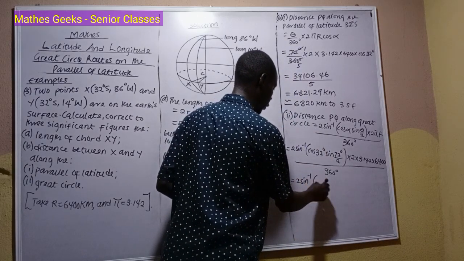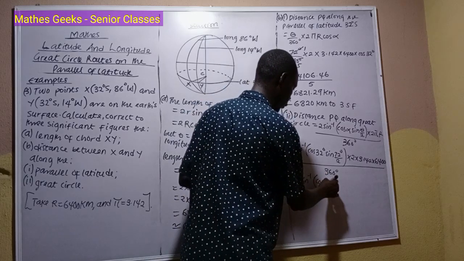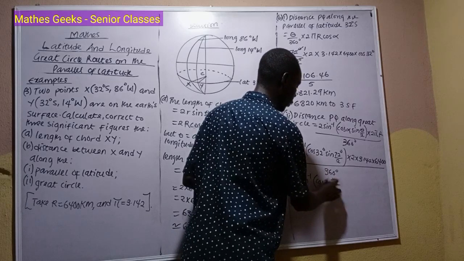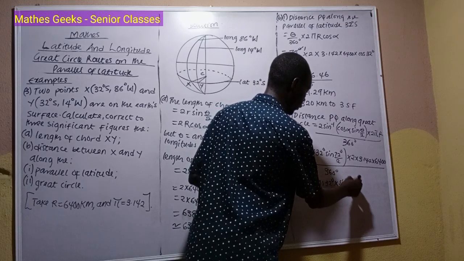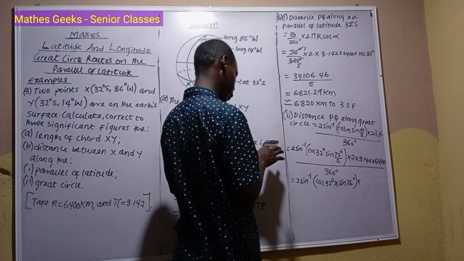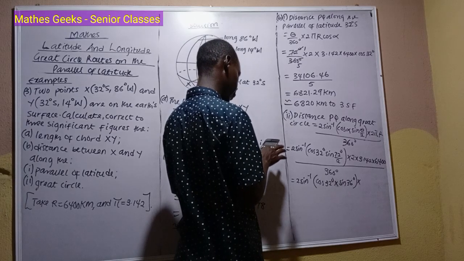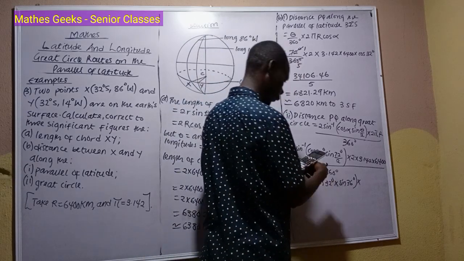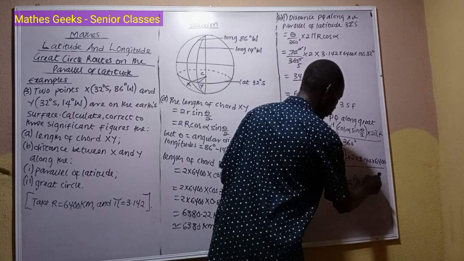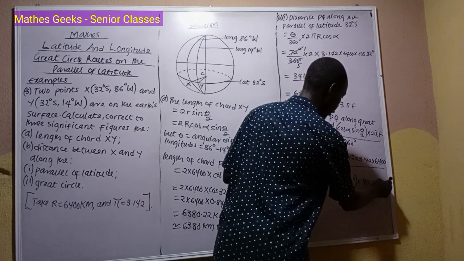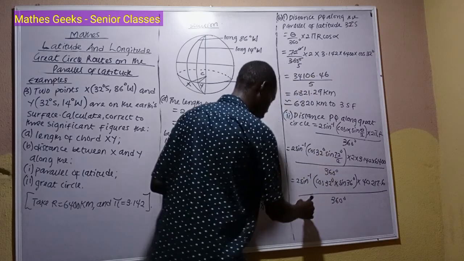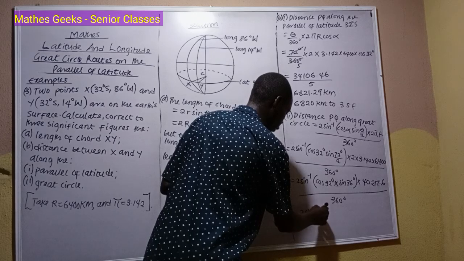2 arc sine cos 32 degrees times sine 36 degrees times 2 times 3.142 times 6,400, which is 40217.6, divided by 360 degrees.